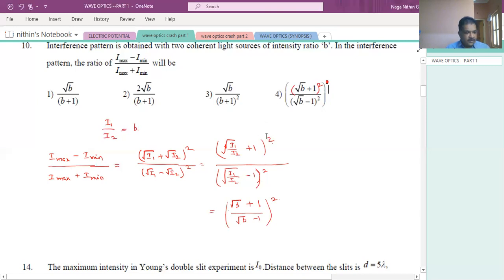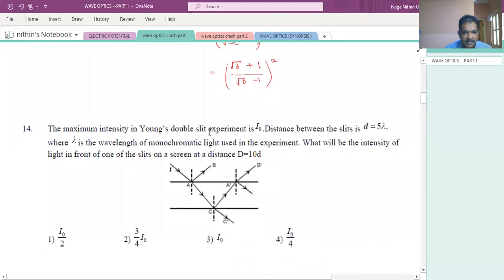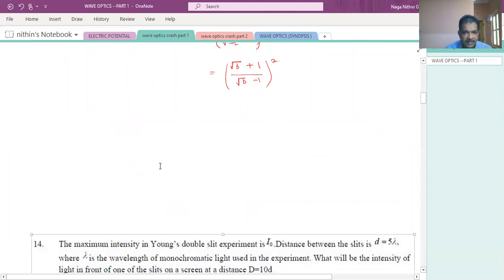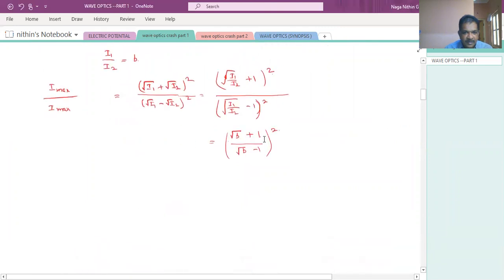No, it's I max by I minimum. Wait, we did it a little bit wrong. This is only I max by I minimum. So write this in this format.